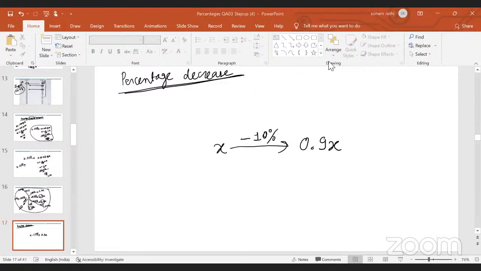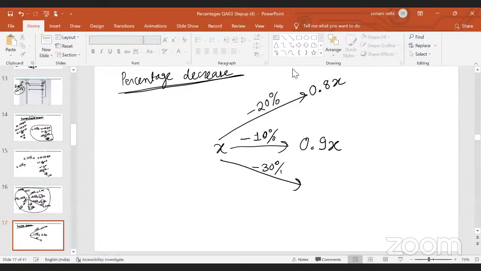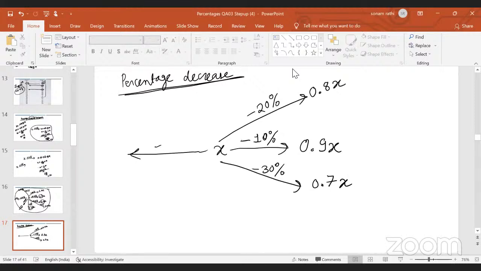Very good. Okay, if I decrease it with 20%, 0.8x. If I decrease it with 30%, 0.7x. If I decrease it with 40%, 0.6x.